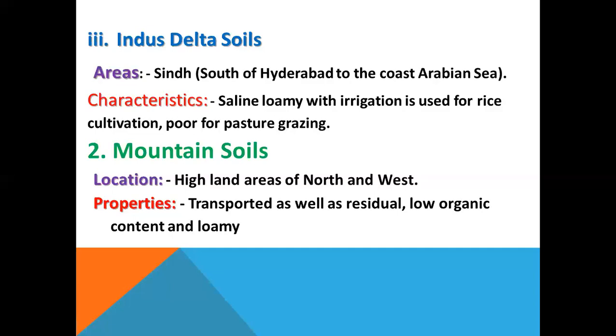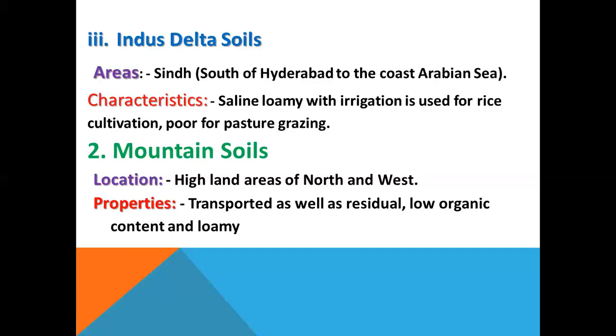Mountain soils occur on the highland area of north and west and are residual as well as transported, along the steep crest, the slopes, and in the broken hill country, shallow.